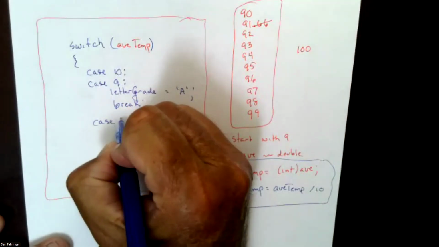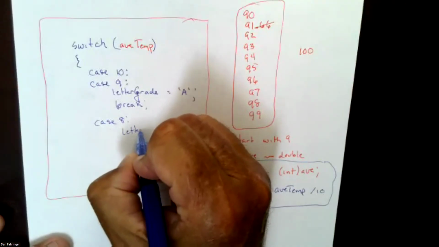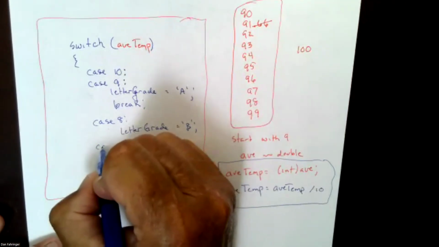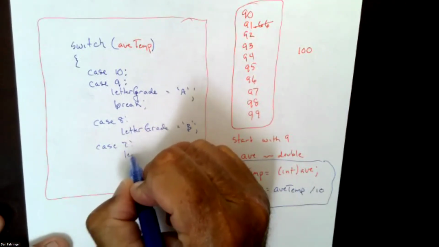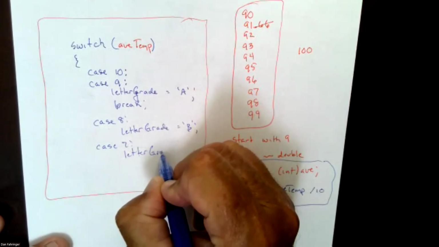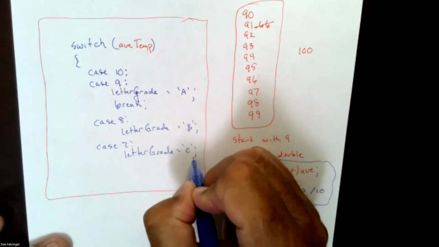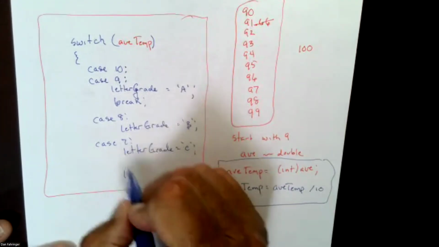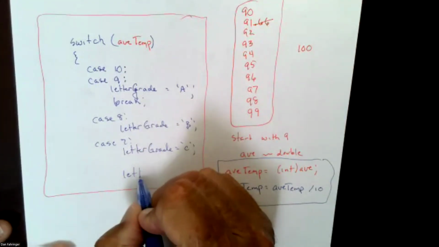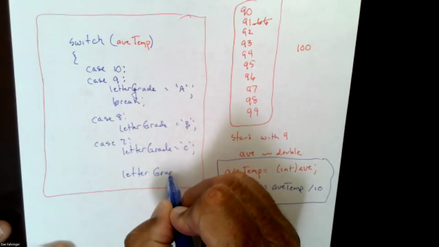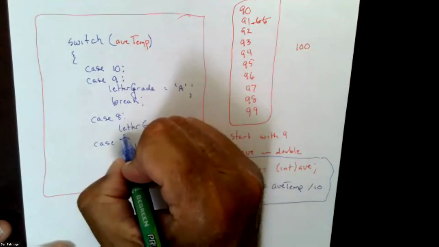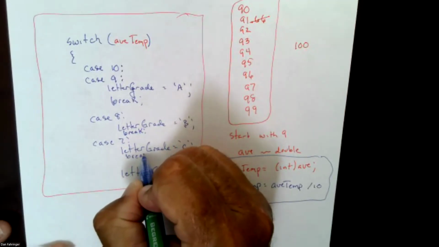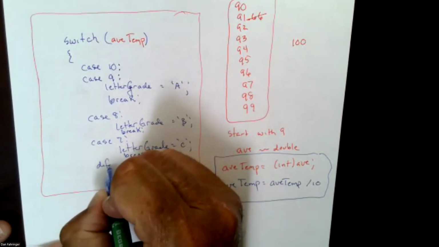Case 8, letter grade equals B. Case 7, letter grade equals C. And what's the default? F, yeah, but what do I write there? Letter grade equals F. I'm missing a break here. I'm missing a break here. And then I believe this is my default. Does that sound right?